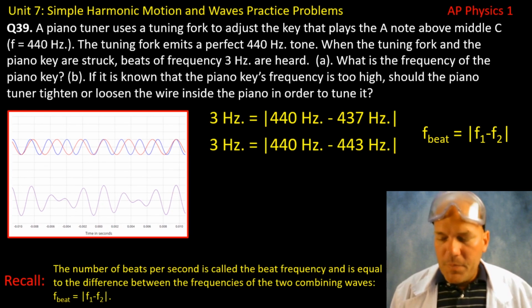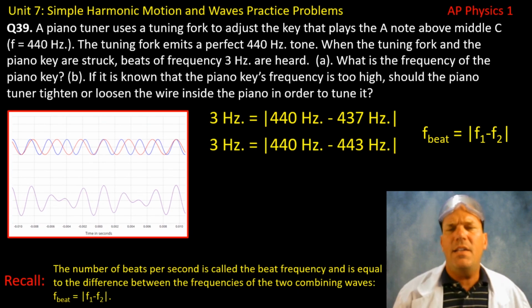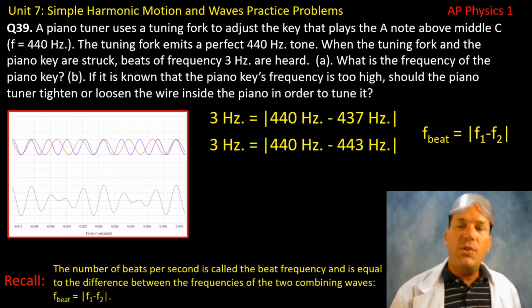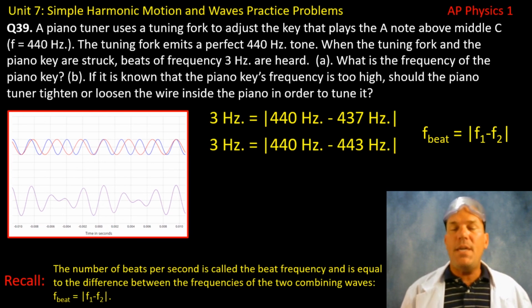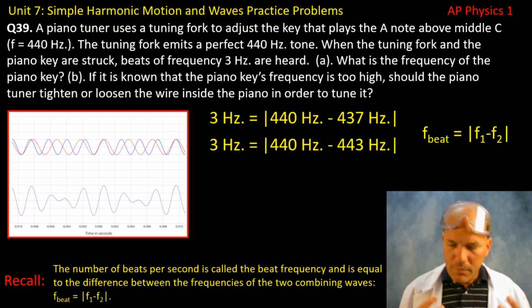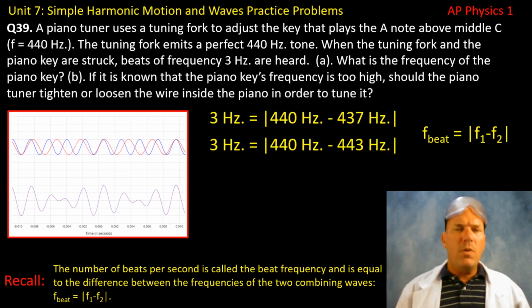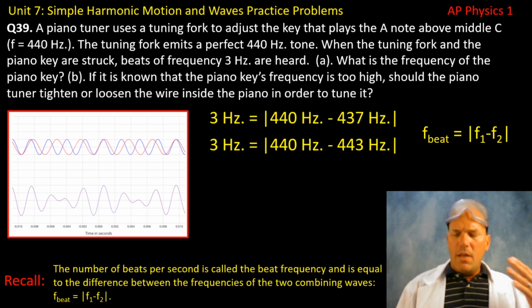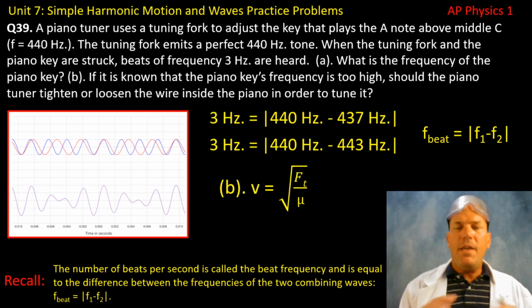Okay, so the next part of this question says the frequency is too high. So should the tuner tighten or loosen the wire inside of the piano in order to tune it? So we're talking about the force of tension. We're talking about the overall frequency and the wavelength and all that.